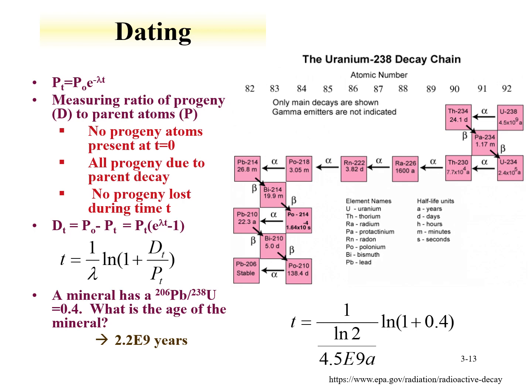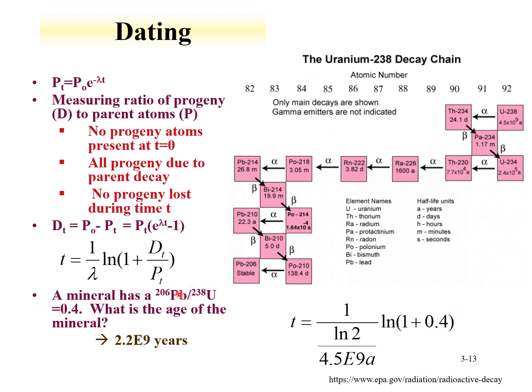So if we go through this, what is the age of the mineral? Let's substitute our terms into this equation. It's the decay constant, which is log 2 divided by 4.5 billion years, times the log of the sum of 1 plus the ratio of the progeny to the parent.